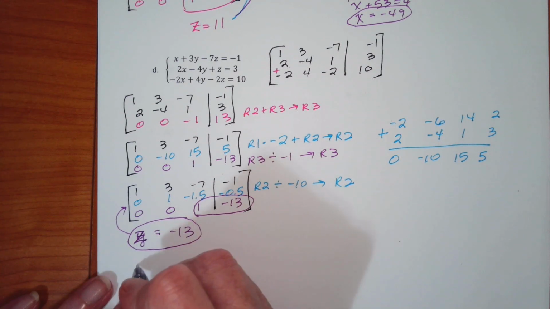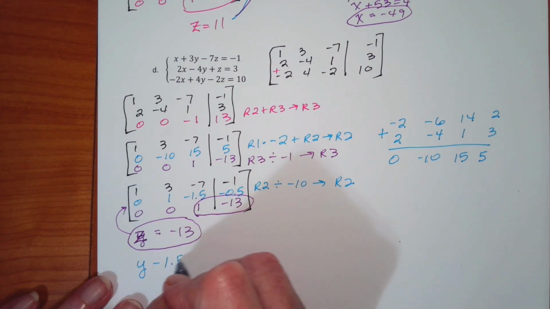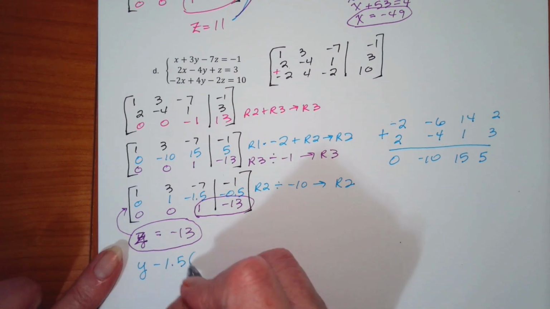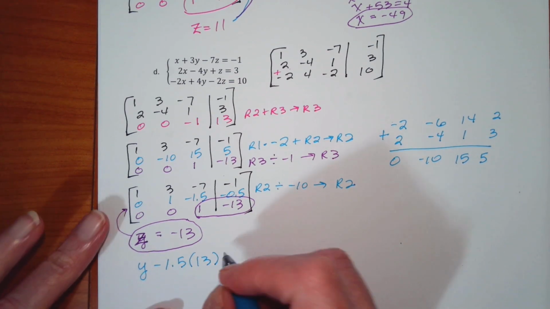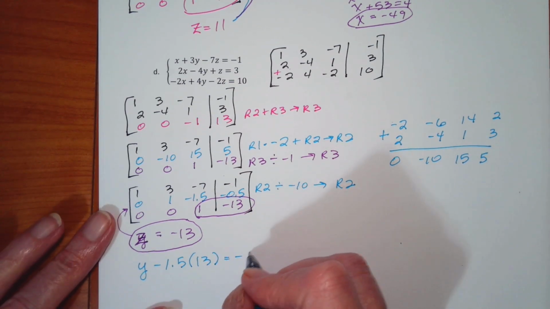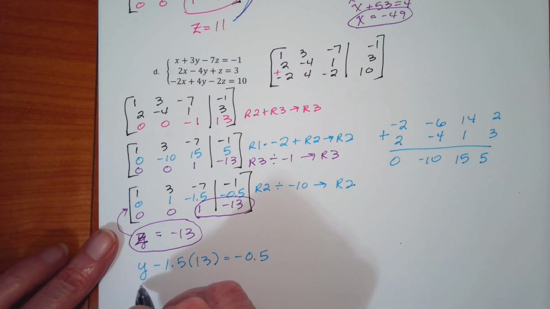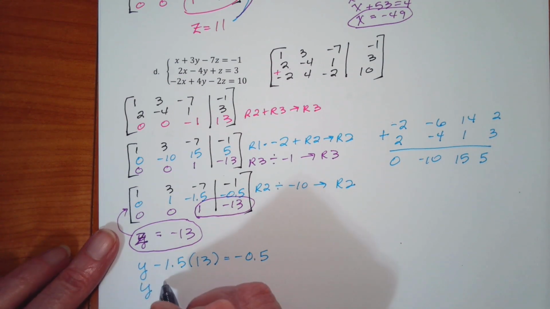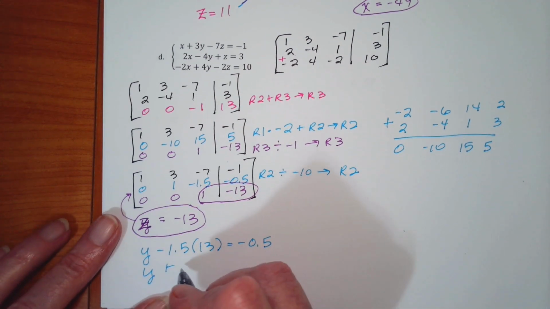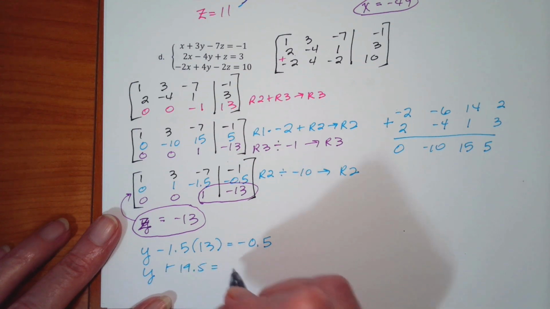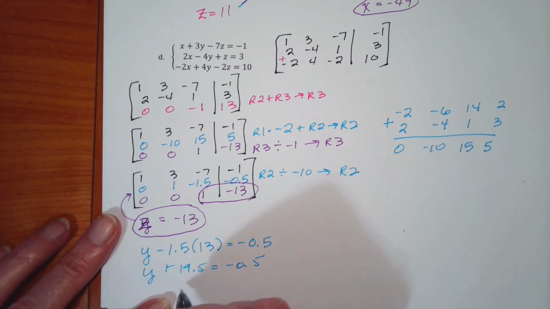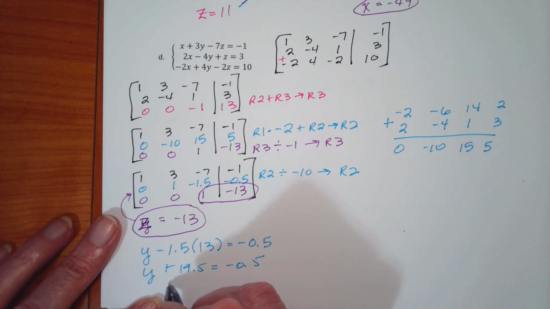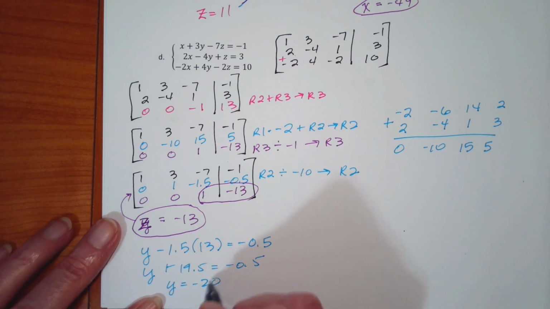Then this tells me that y minus 1.5 times z is equal to negative 0.5. So that gives me y plus 19.5 is equal to negative 0.5. So that tells me that y is equal to negative 20.